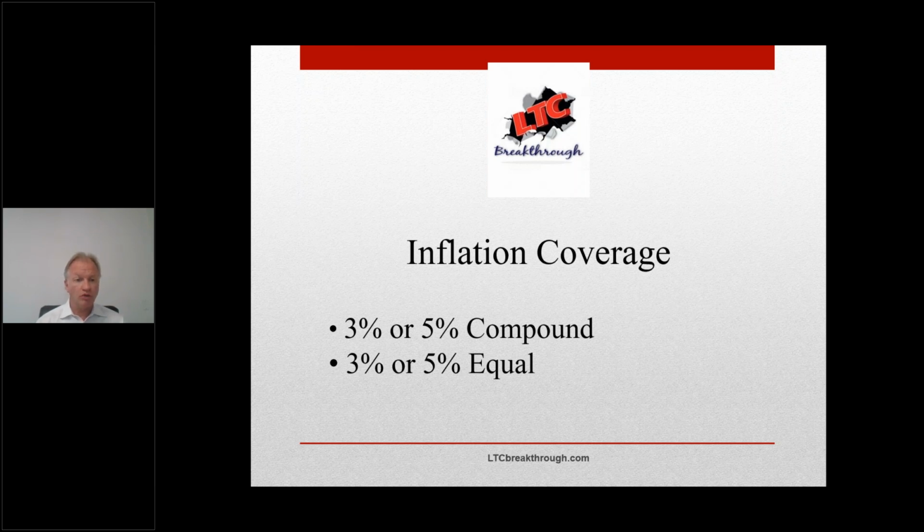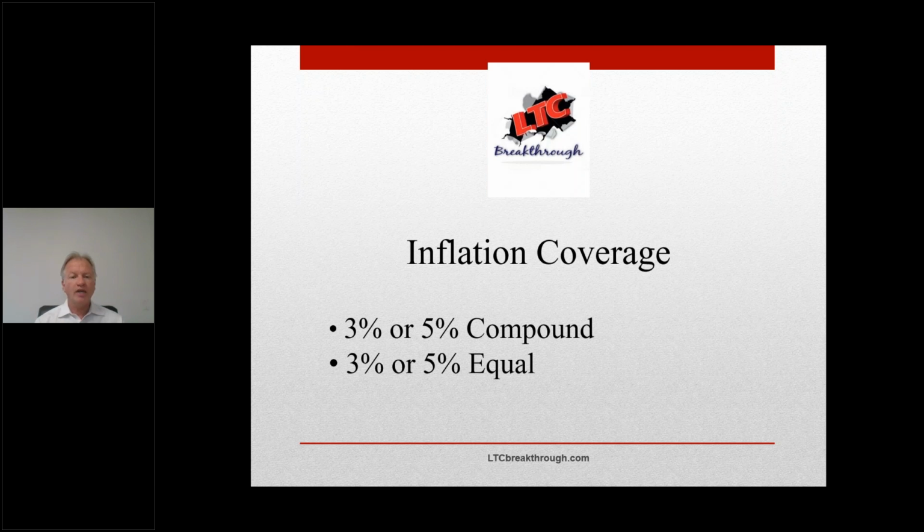So that would be more than 1,060. It might be 1,062. As an example, I don't know if that's the exact number, but it's going to provide interest on interest there as it compounds, as opposed to equal in our example, which would do 3% of $1,000 every single year. So it would grow by $30 every year. So it would grow at a slower pace than the compound inflation option.